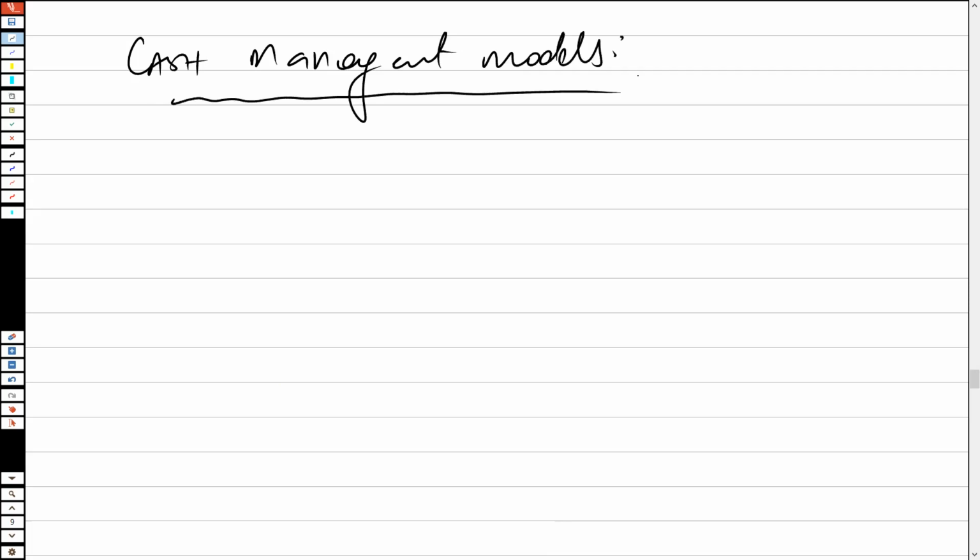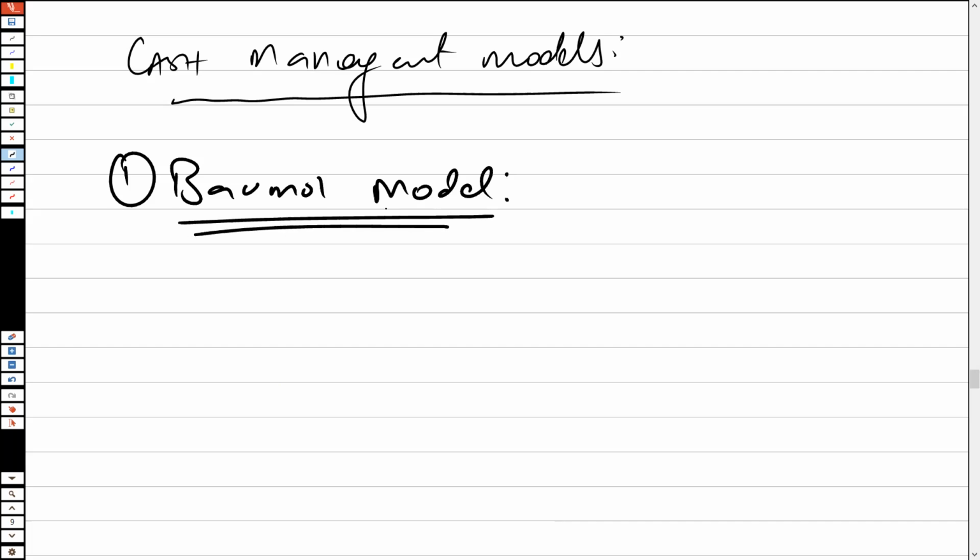There are different types of cash management models. Amongst the different types of cash management models, one of the models that we have is the Baumol model.